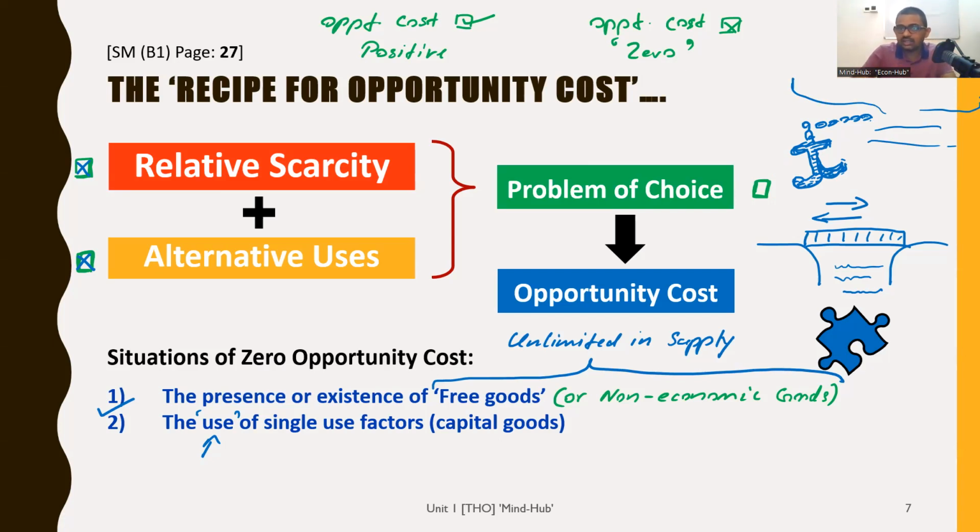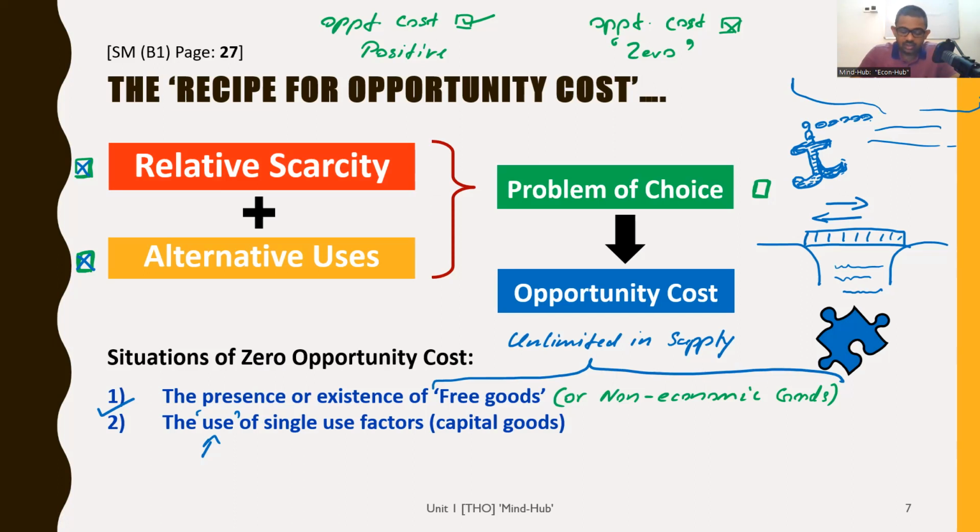It will give a way to keep the ship in one place. And for as far as I understand, an anchor doesn't have alternative uses. Only job of the anchor is to anchor the ship. So when you use the anchor for that purpose, there is no opportunity cost because there are no alternative uses.